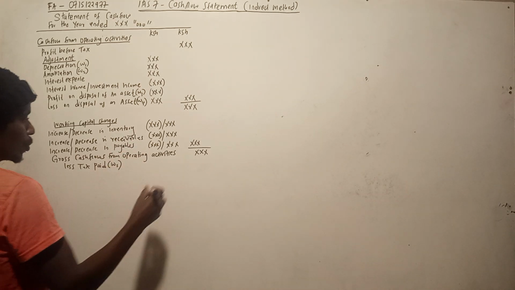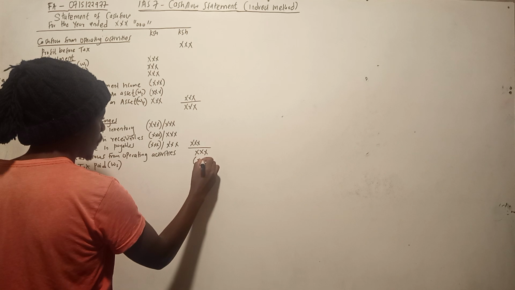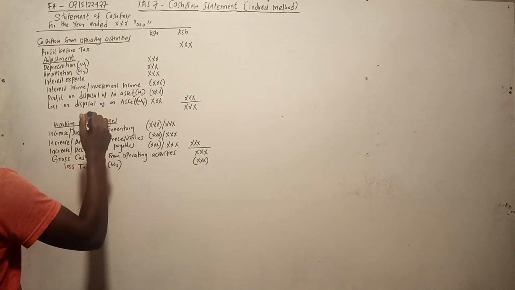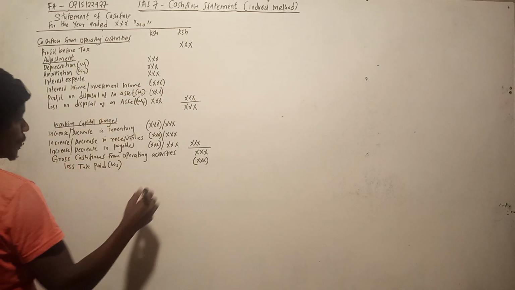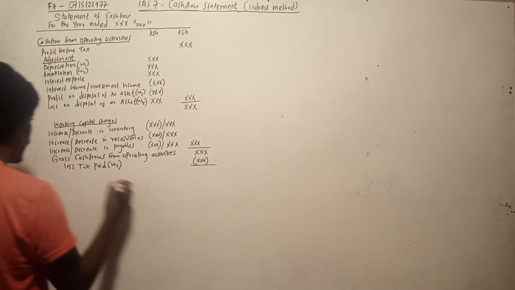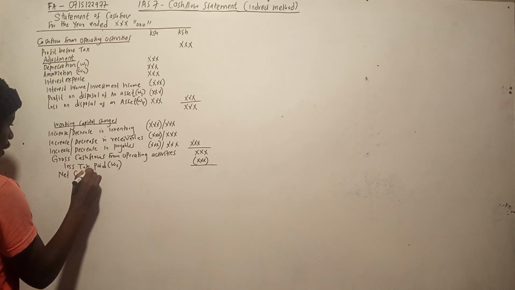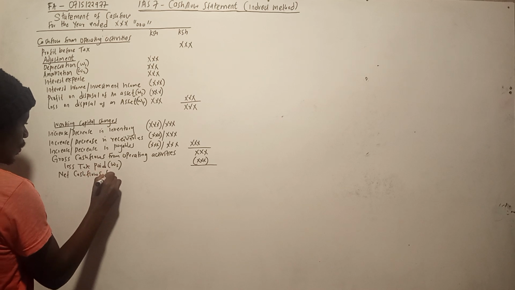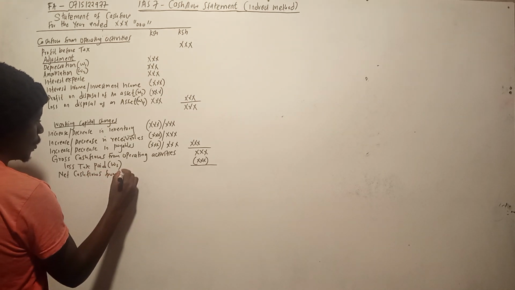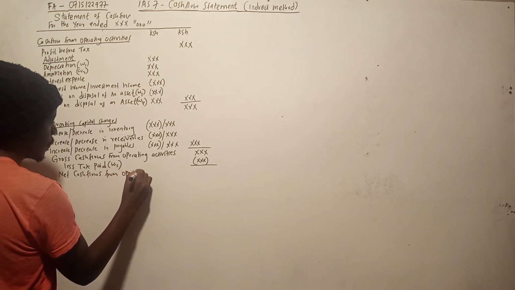So tax paid also requires a working. Interest paid. So that you can get net cash flow from operating activity.